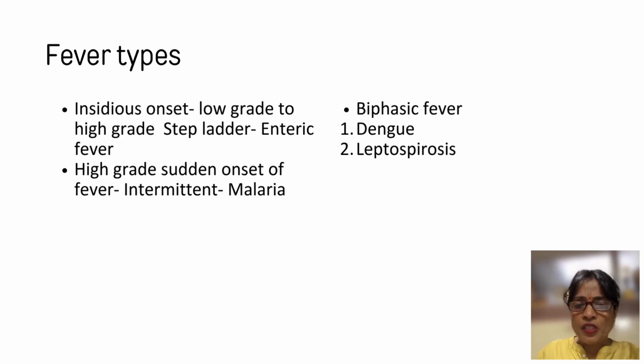High grade fever, sudden in onset, which is intermittent, is more suggestive of malaria. And the biphasic fevers you usually see in dengue and leptospirosis. Now let us try to understand the different types of fever with the diagrams.